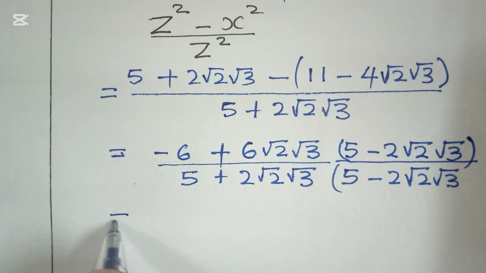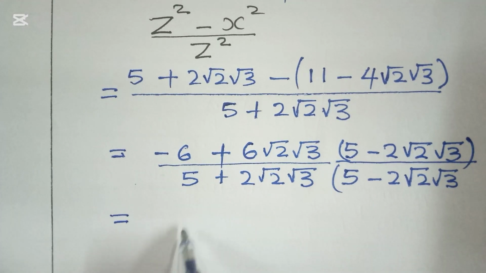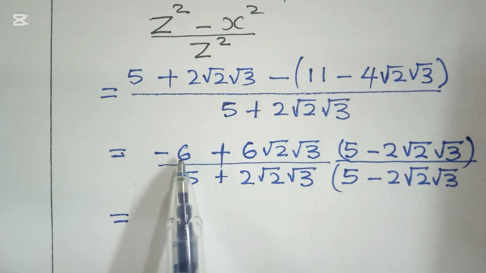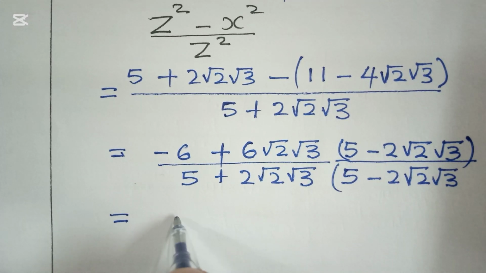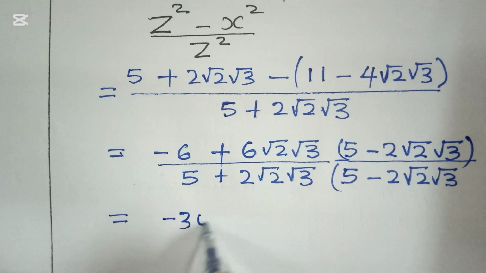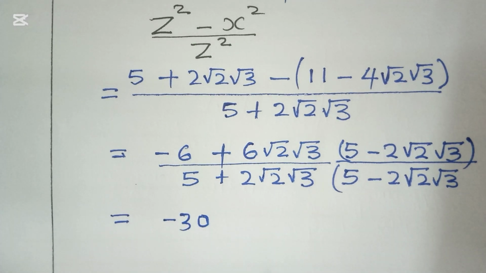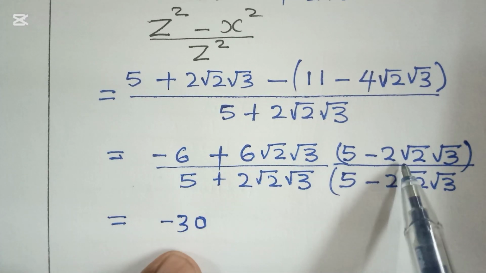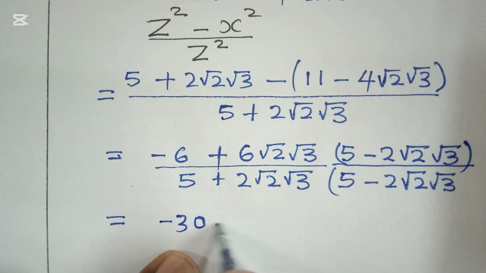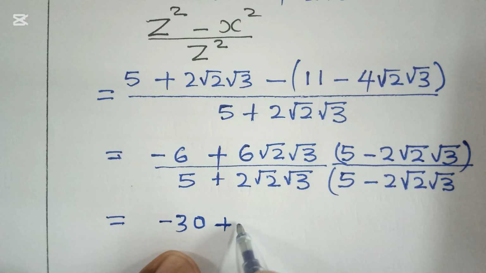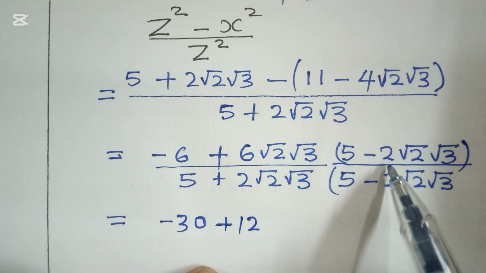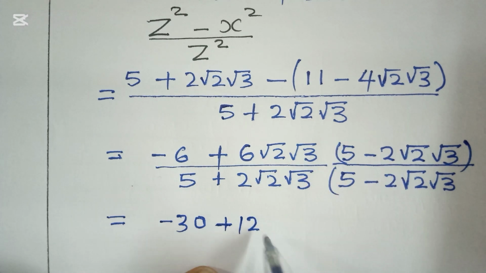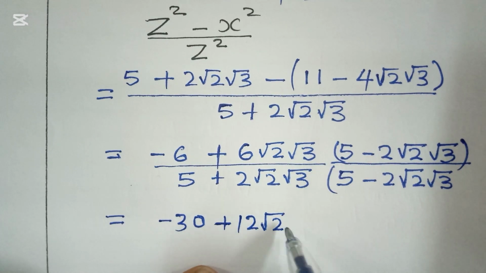Beginning with the numerator, negative 6 multiplied by 5 gives us negative 30. Then negative 6 multiplied by negative 2 is plus 12, then we have root 2, root 3.